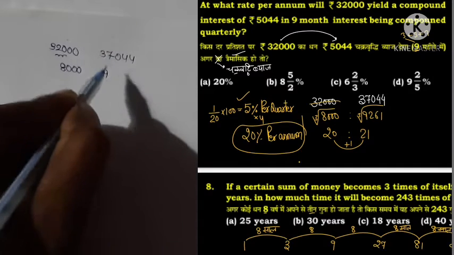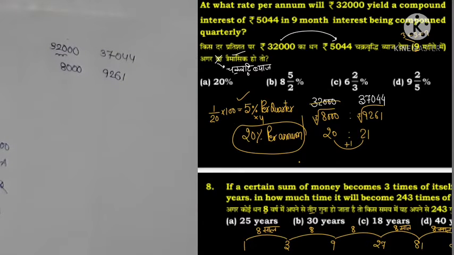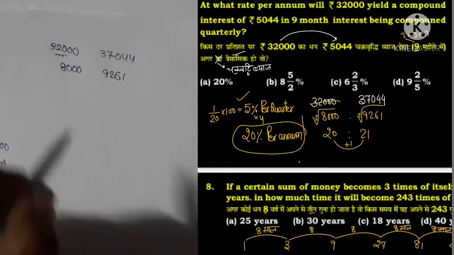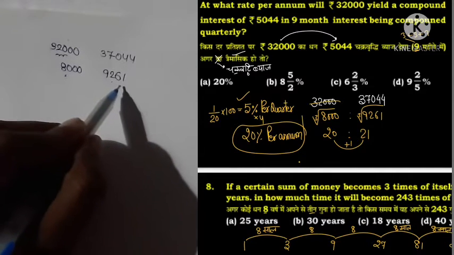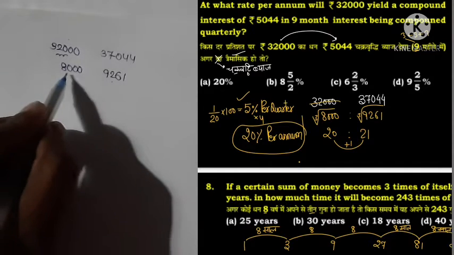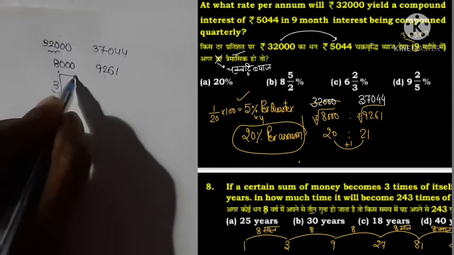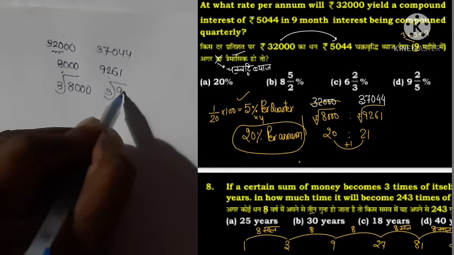Cancel 4. So 8,000 and 9261. Interest being compounded quarterly. Quarterly means for every 3 months. So 9 months can be written as 3 plus 3 plus 3. So the principal and amount are 8,000 and 9261 after 3 quarters. For the first quarter, the principal and amount are the cube root of 8,000 and the cube root of 9261.